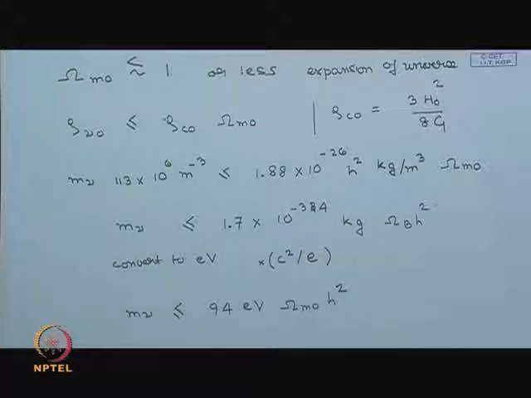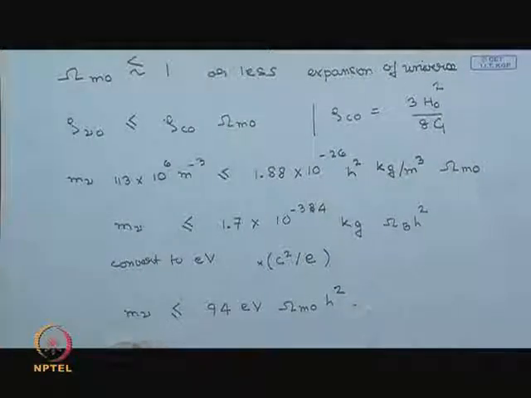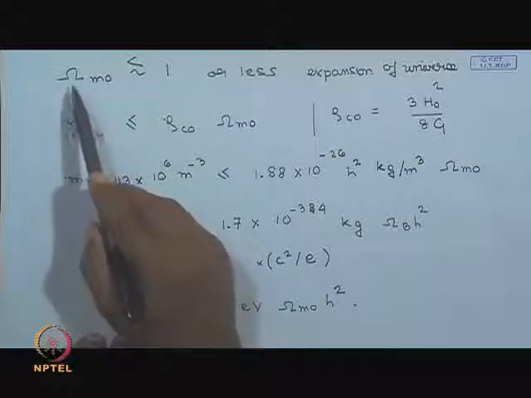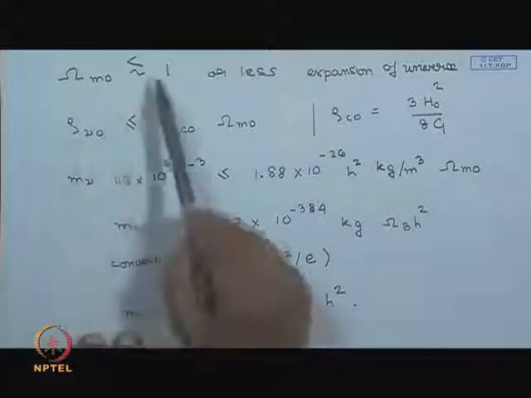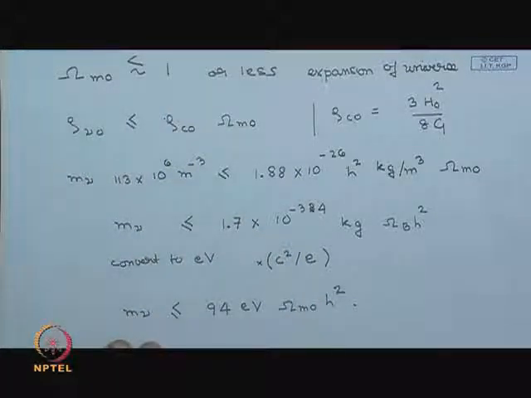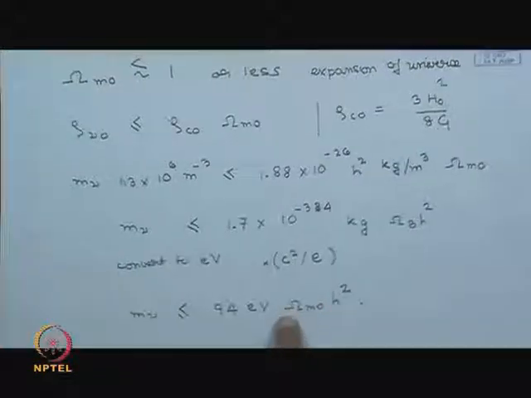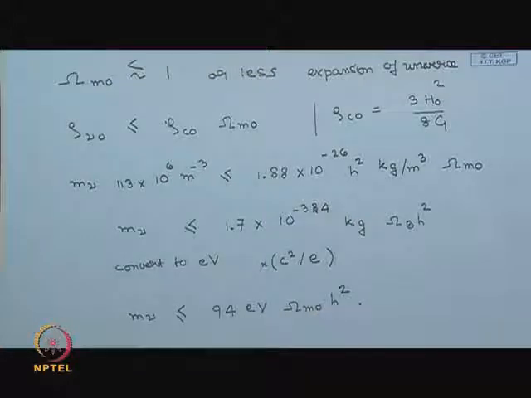So, this is the limit that you get on the neutrino mass from the fact that the mass density parameter of the universe should be less than or equal to 1. So, if one of the neutrino species or flavors is massive, the mass should be less than, of the order of, 94 electron volts.